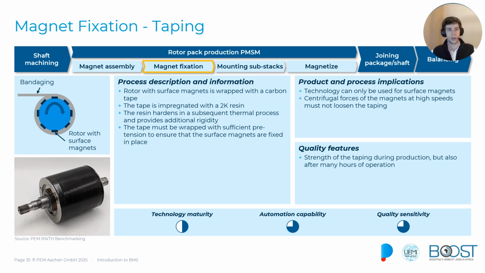Tesla uses taping for fixation, using adhesive tape to secure magnets in their slots. The process starts with positioning the magnets on the rotor. Strong adhesive tape is then wrapped around or placed over the magnets, ensuring they stay firmly in place.